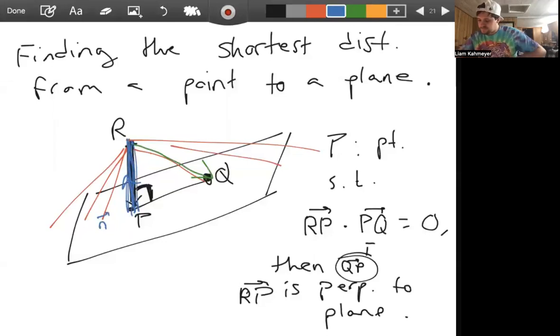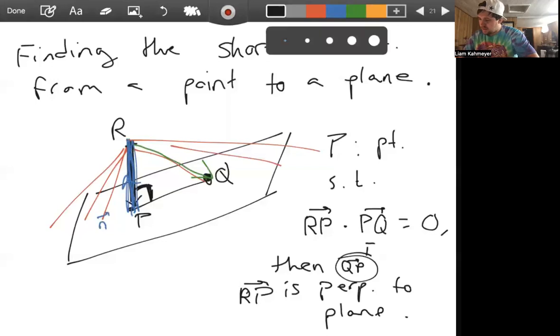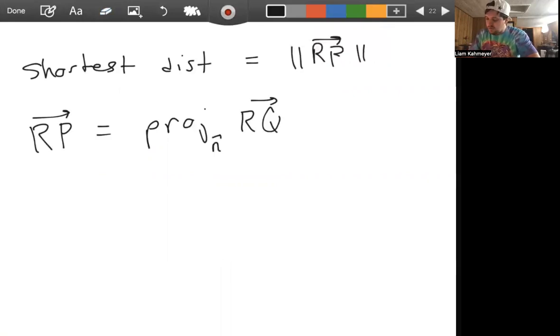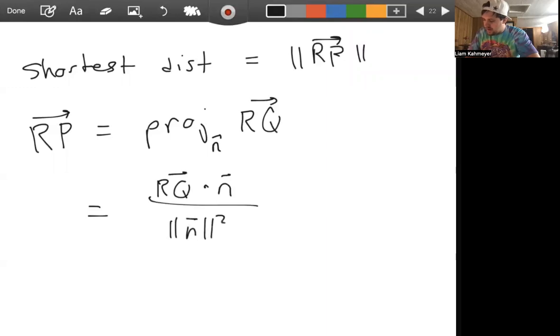This would give us RP here. So projection onto the normal vector here, right? And so what would this be explicitly? This would be RQ dot N over magnitude of N squared times N, right? And so we have this formula here.